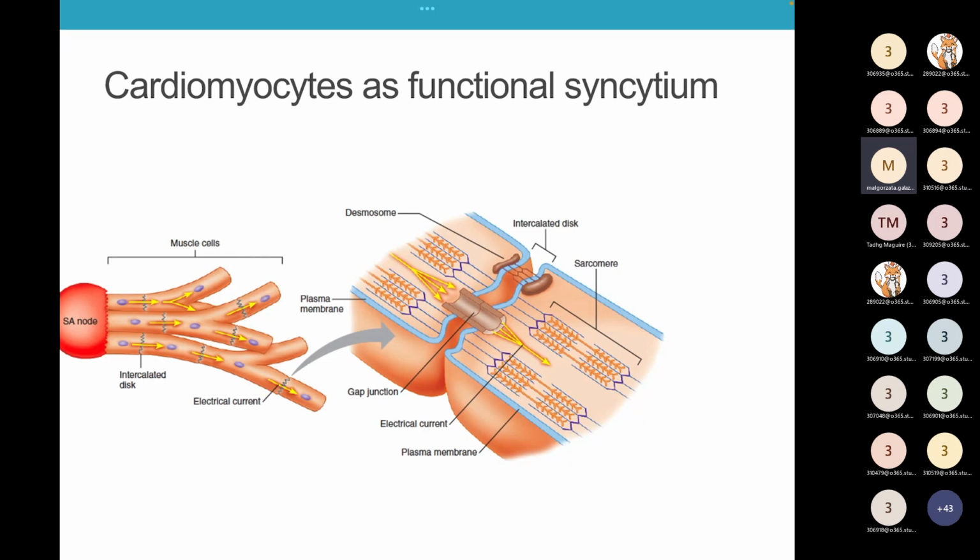This propagation is possible because the cells within the heart are connected by gap junctions, so by electrical synapses.